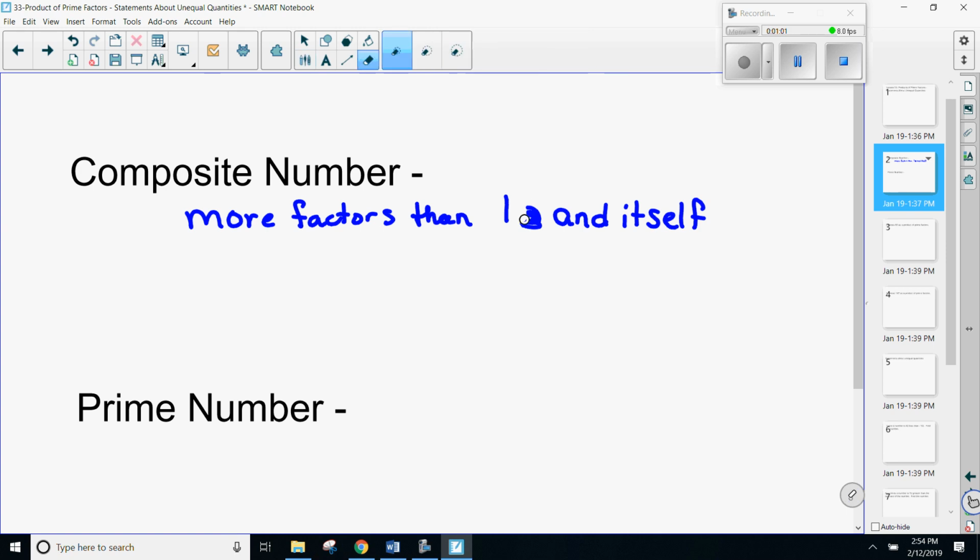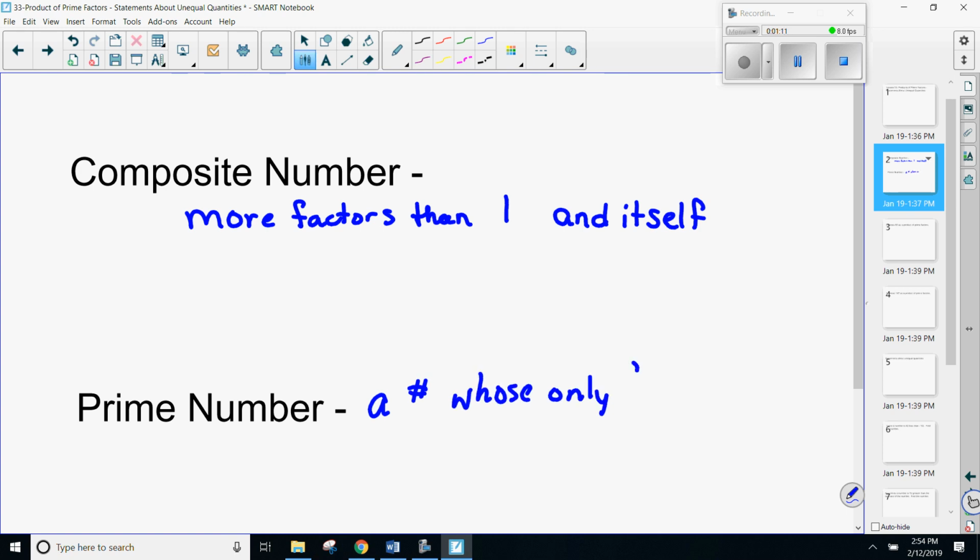Because we define a prime number to be what? A number whose only factors are one and itself. What is the first prime number? 2. 2 is the first prime number.